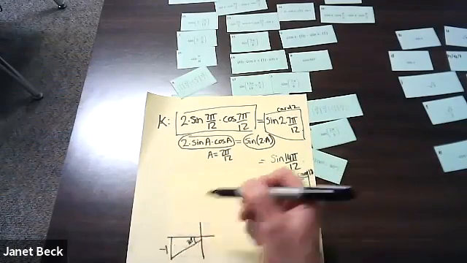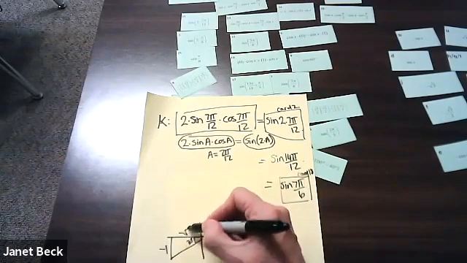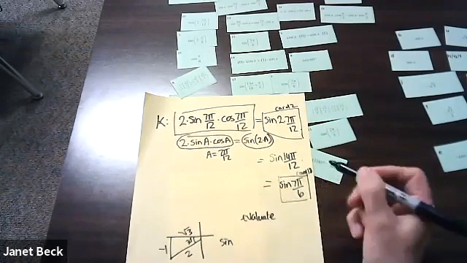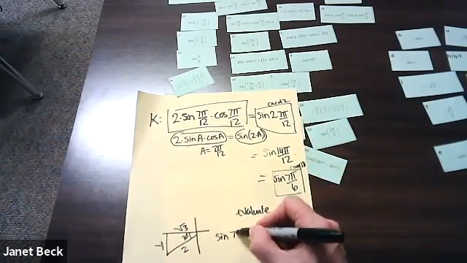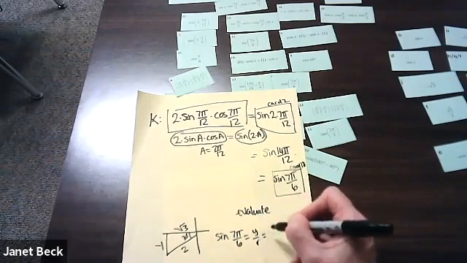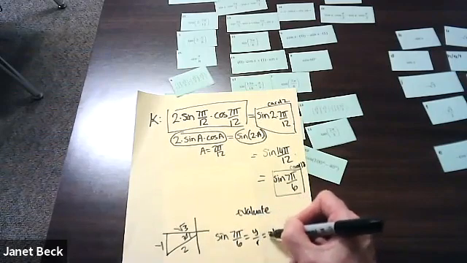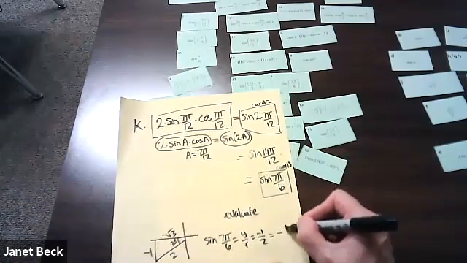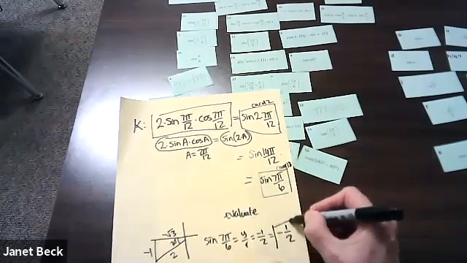So y would be -1, x would be -√3, and r would be 2. The sine of 7 pi over 6 is y divided by r, so it'd be -1 over 2. That's going to look like -1/2 on an answer card.